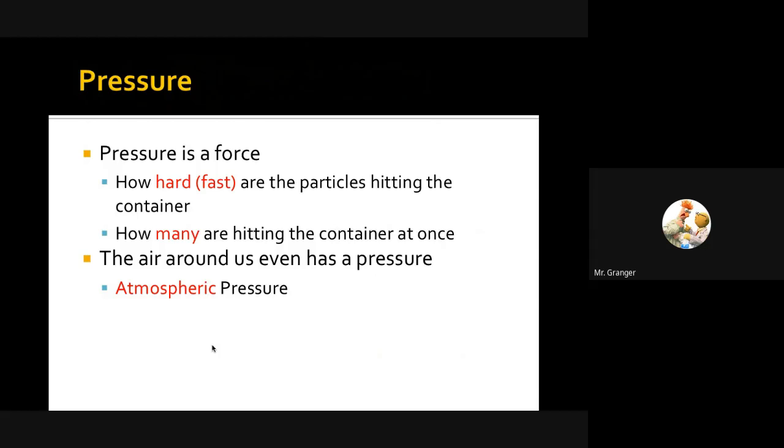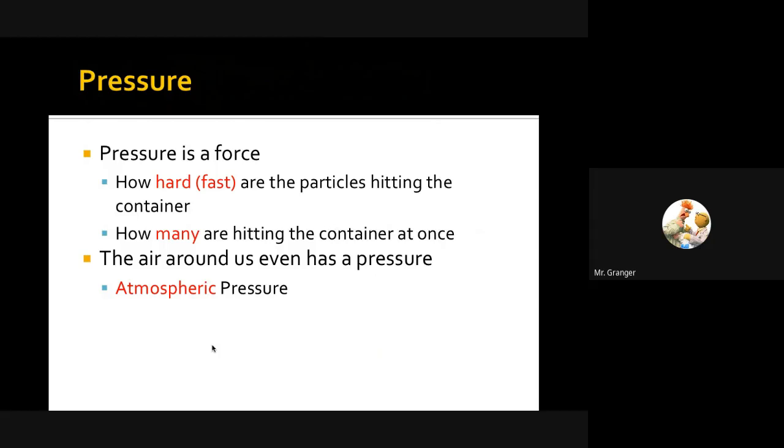It's how fast the particles are hitting or how hard the particles are hitting the container or each other, and how many are hitting at one time. So those two factors will impact pressure inside a container. And you'll get a chance to practice and look at this later this week.